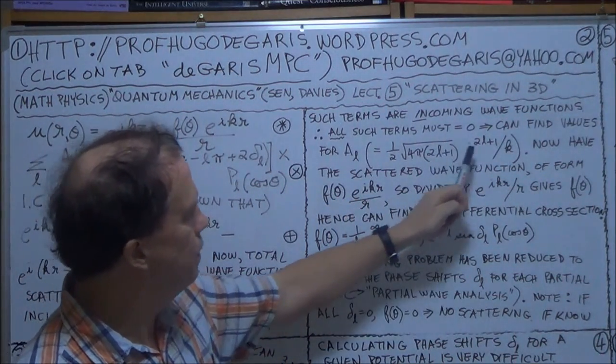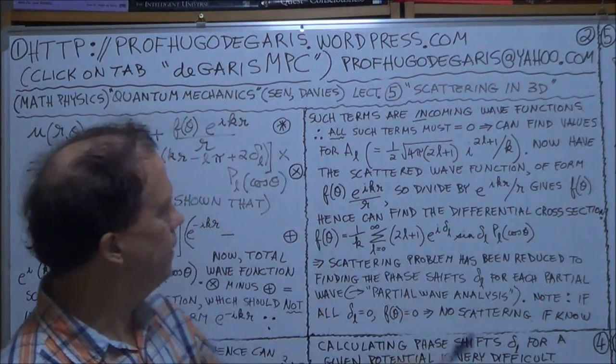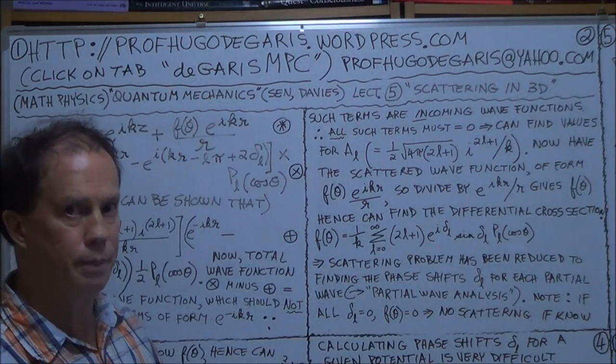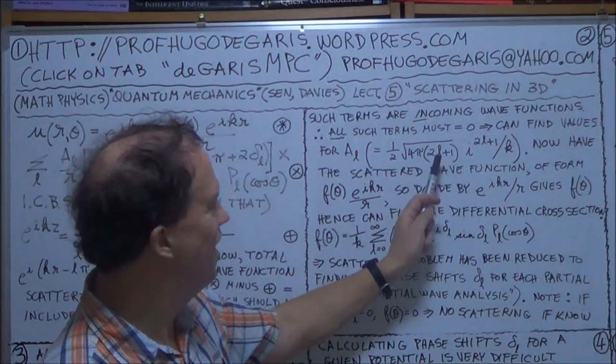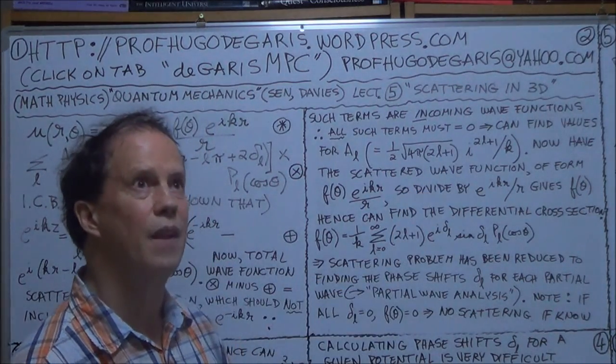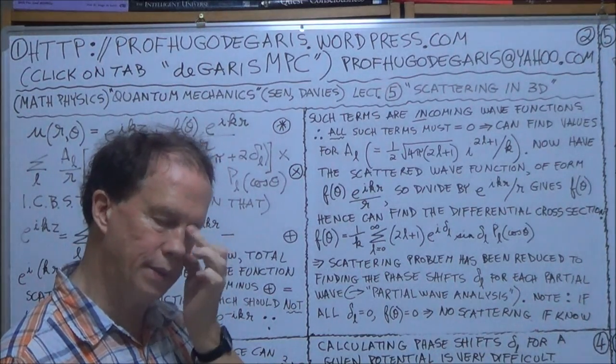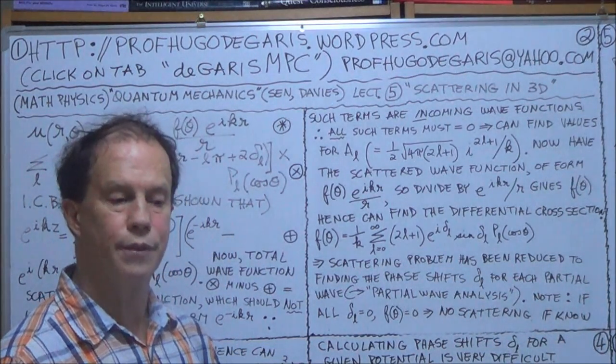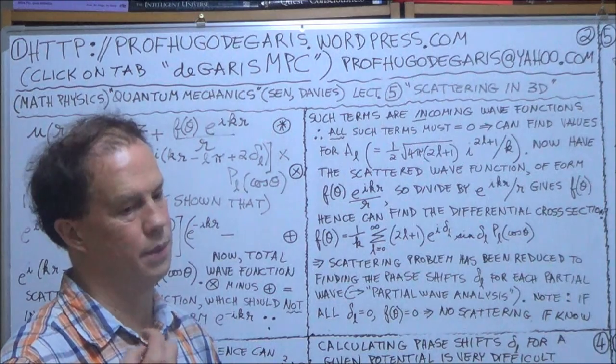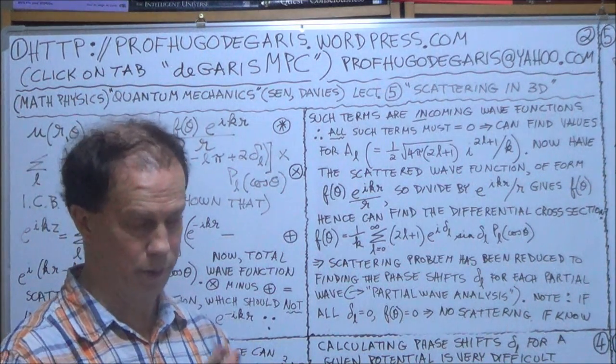And these L's, where do they come from? From angular momentum. These L's are quantum numbers. You can have quantum numbers for quantized energy, you can have quantum numbers for quantized angular momentum, and so on.